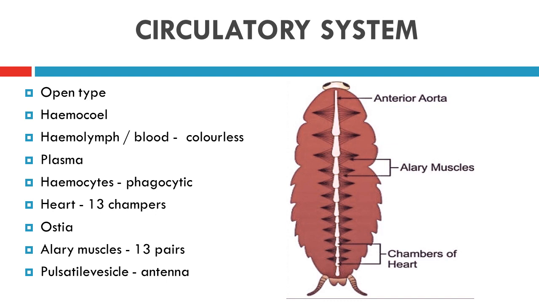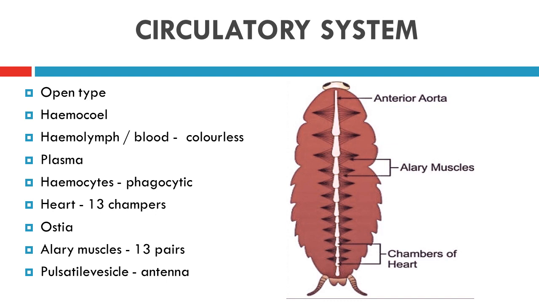Is it clear? Then one more region is present, the accessory circulatory organ. What do we mean by the word accessory? Additional, supportive, right? So this is one of the accessory or supportive circulatory organs. It is present at the base of each antenna. Of course, we know there is a pair of antennae.